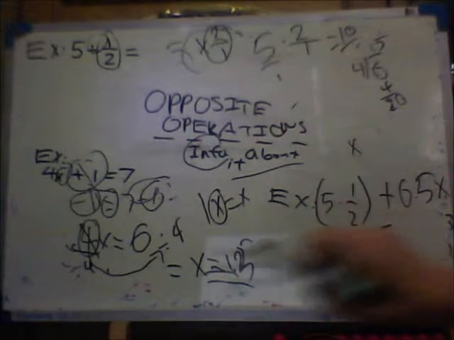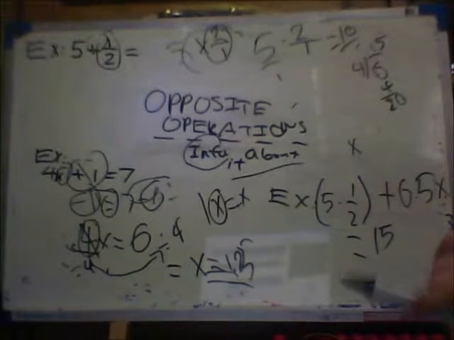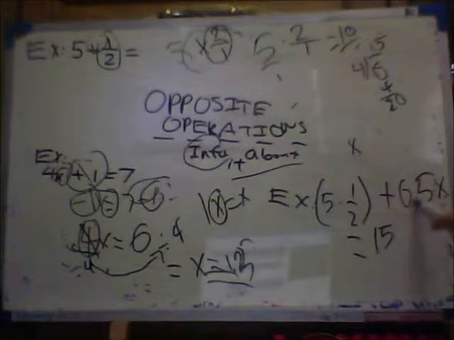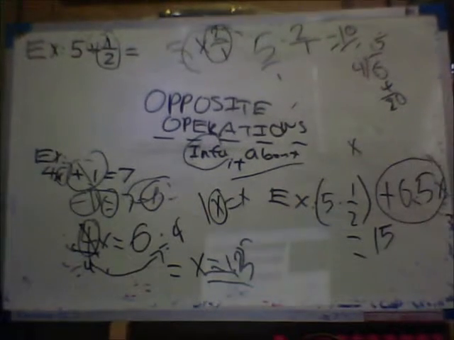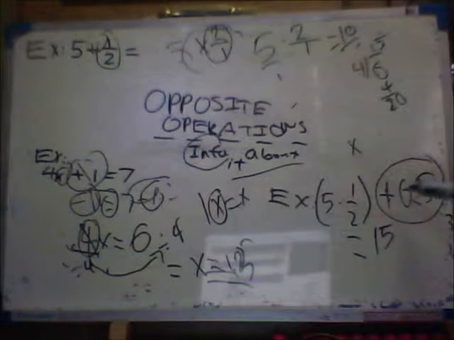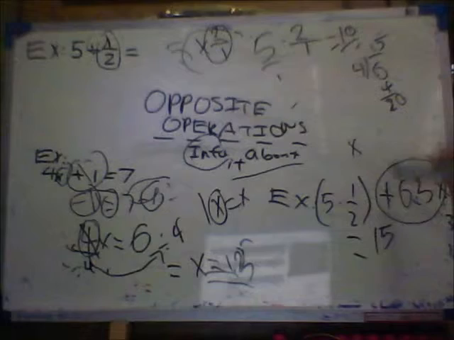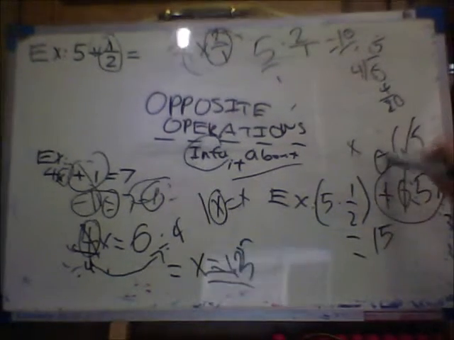Sometimes opposite operations questions come a bit complicated. Like in here, there's decimals all over the place, but you do the same thing. Here you plus, and then you minus 6.5, cancel it around. This becomes 0.